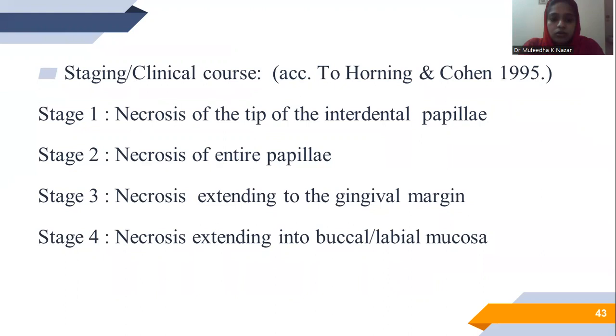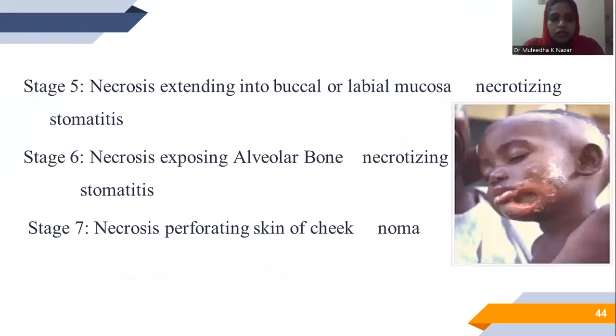Stage 4, necrosis extending to the buccal or labial mucosa. Stage 5, necrosis extending into the buccal or labial mucosa with necrotizing stomatitis. Stage 6, necrosis exposing alveolar bone and necrotic stomatitis. And stage 7, necrosis perforating skin or cheek, which is known as noma.